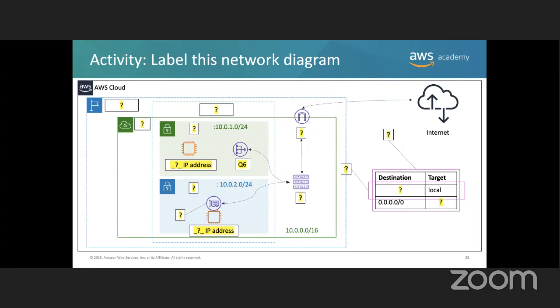The blue flag is a region. This one is a region. How about this one? That is an availability zone. What am I saying? Availability zone. How about this one? That's a VPC. Good.